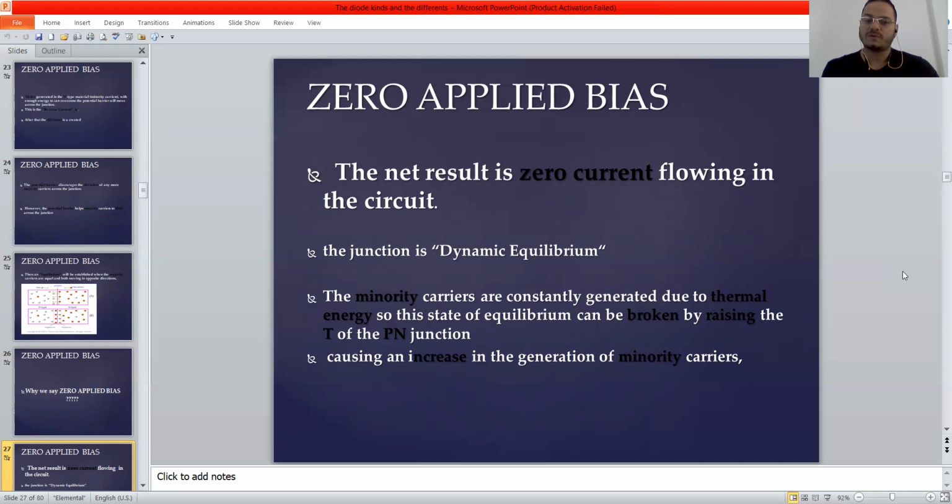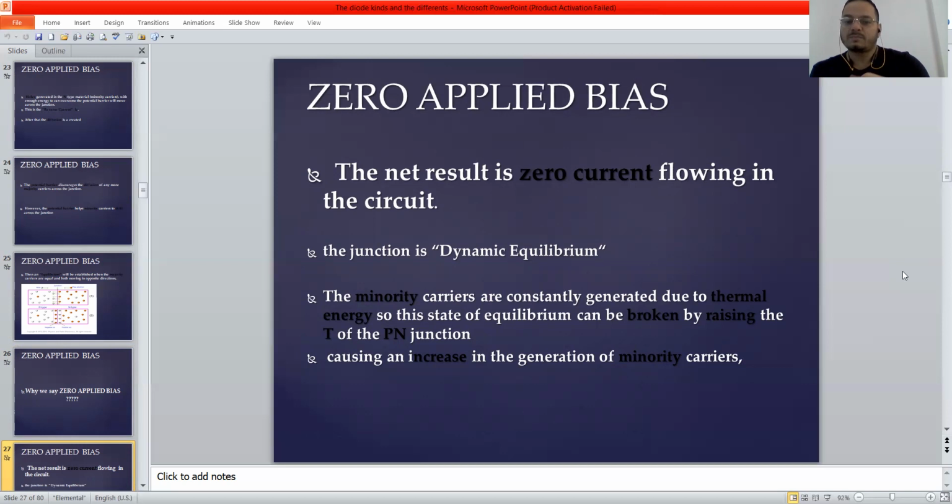So this state of equilibrium can be broken by raising what? By raising the temperature, because it's dependent on temperature, like I said before, due to thermal energy.